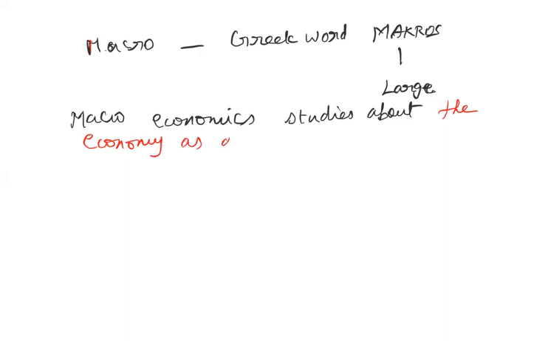So for example, it studies about the total national income of the country, the total demand and supply of the country, the total consumption and savings of the country. Okay, like that, everything is analyzed in aggregates and totals, not like the microeconomics, which studies only about the individual income, only the individual prices, only the individual savings, only the individual consumption.